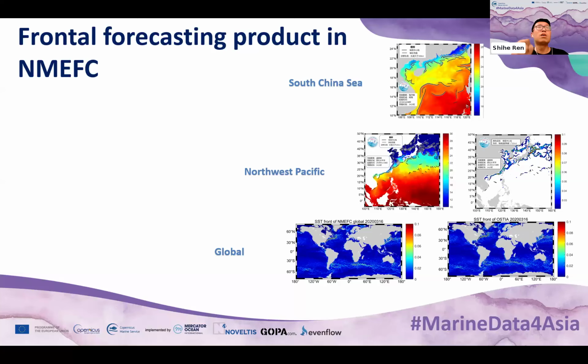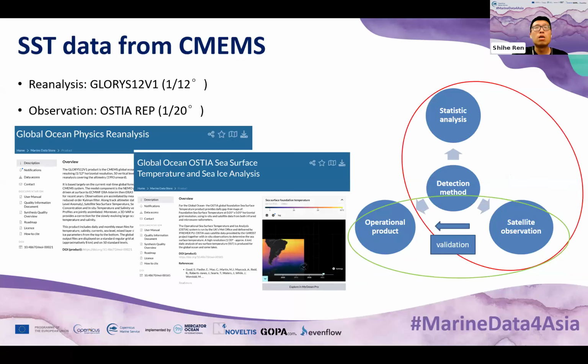Yes. This slide shows the progress of the ocean front forecasting product of our institute in recent years. We have developed from the South China Sea to the Northwest Pacific, and then we plan to expand our product to the global scale. In this talk, I will focus on the application of Copernicus data, which is circled in the red line and the green line.